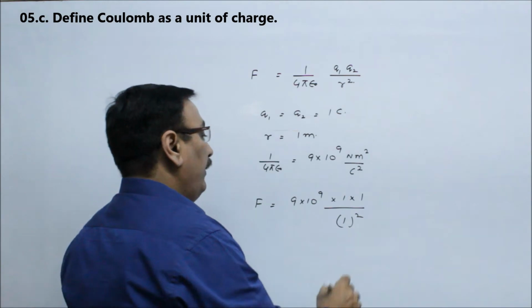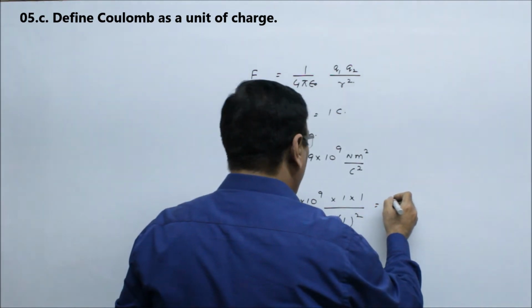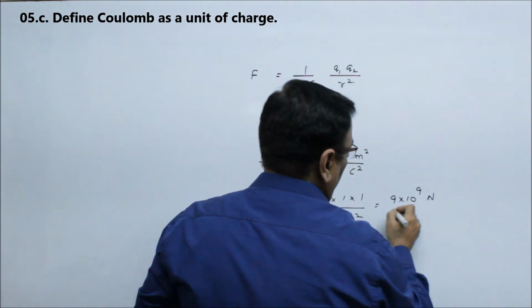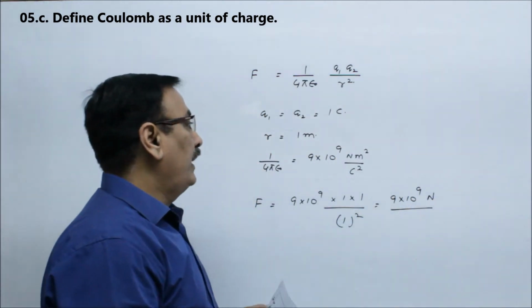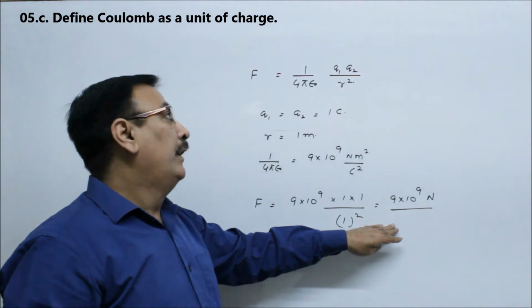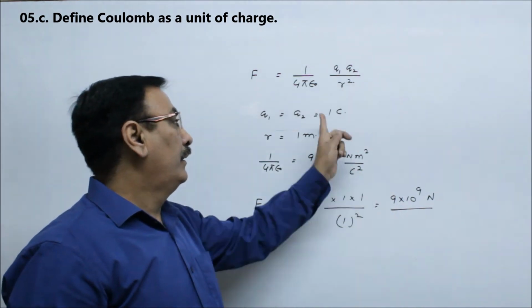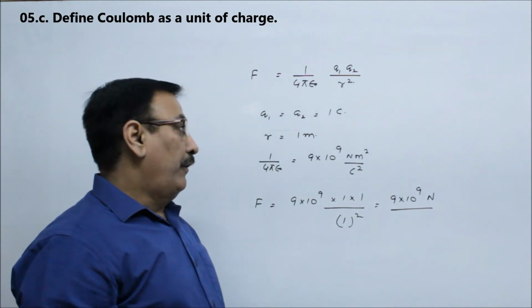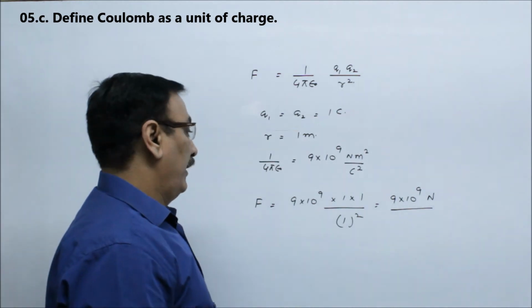We get the answer for force in SI units, that is 9 into 10 raised to the power 9 newtons. So on the basis of what we have obtained, we can define the Coulomb as a unit of charge.